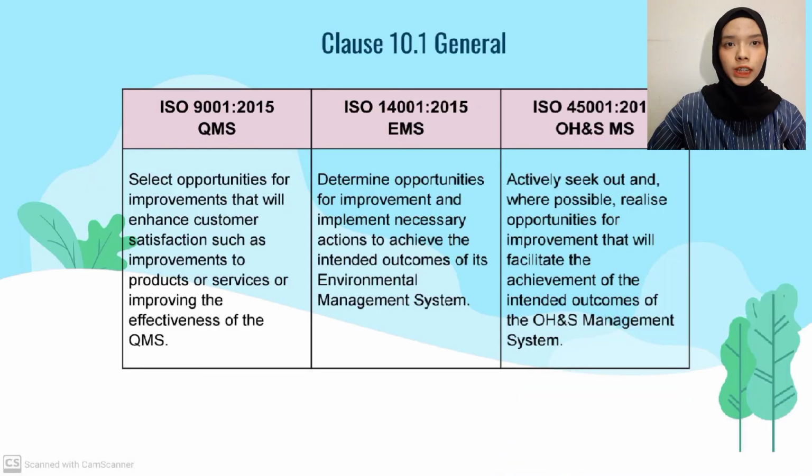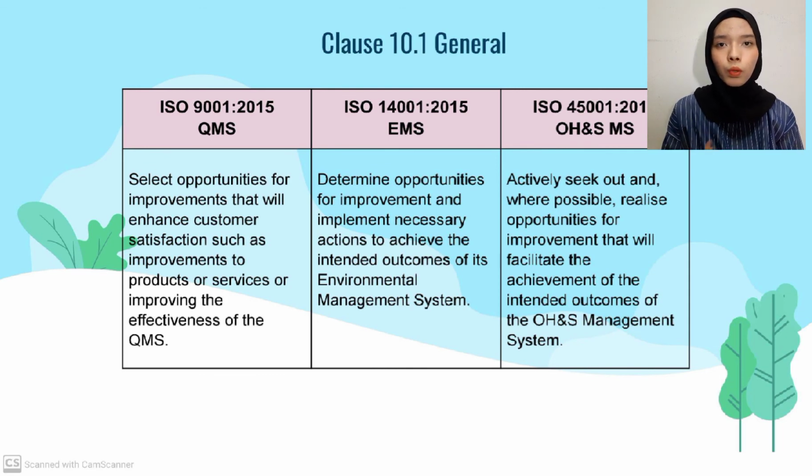Clause 10.1 general, for ISO 9001, select opportunities for improvement that will enhance customer satisfaction. And for ISO 14001, determine opportunities for improvement and implement necessary actions. And lastly, for ISO 45001, actively seek out and, where possible, realize opportunities for improvement that will facilitate the achievement of the intended outcomes of the OH&S management system.